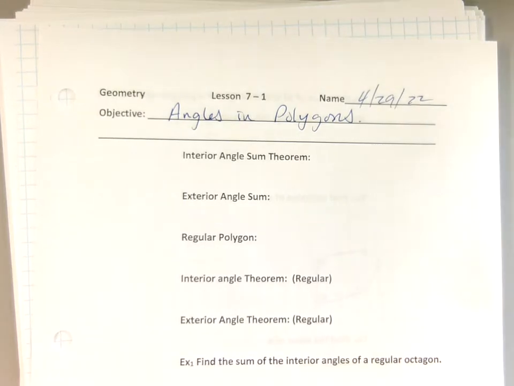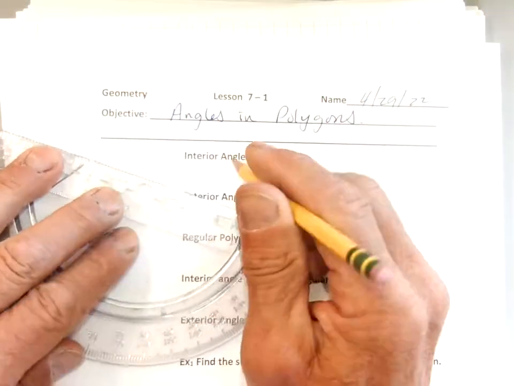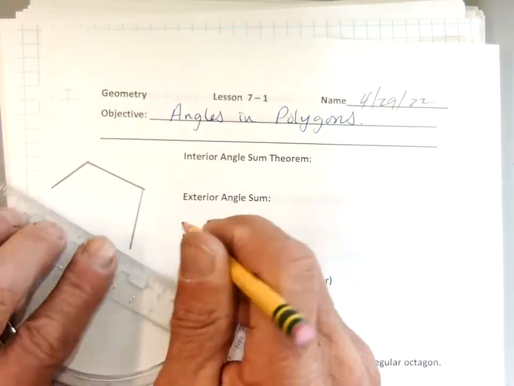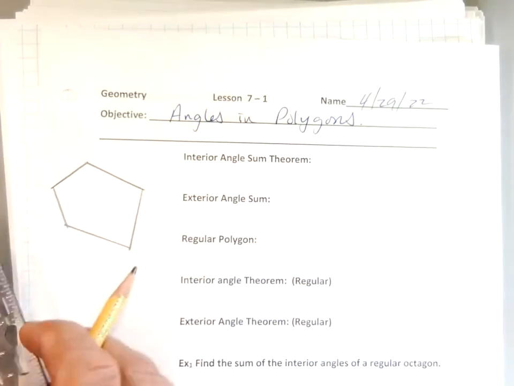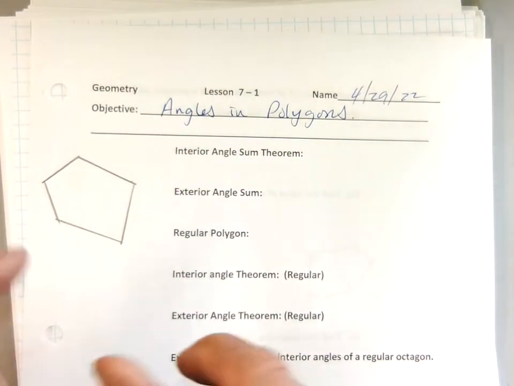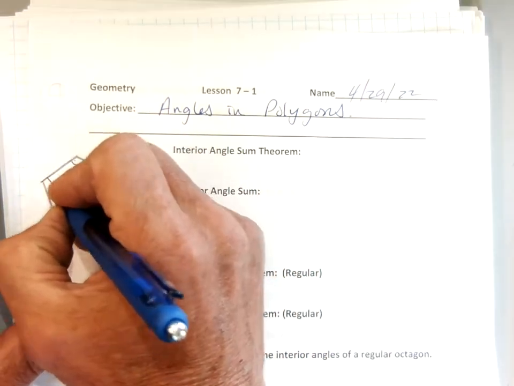Okay? So I'm going to draw a picture, and it's not going to be beautiful, perfect, but I'm just going to draw a picture, okay? That's not bad. So that's a pentagon, but if I want the interior angle sum, right?